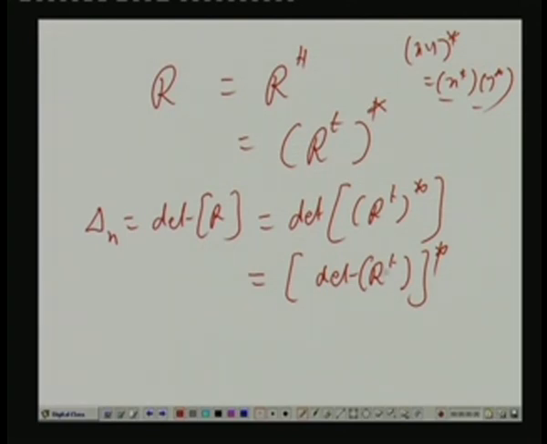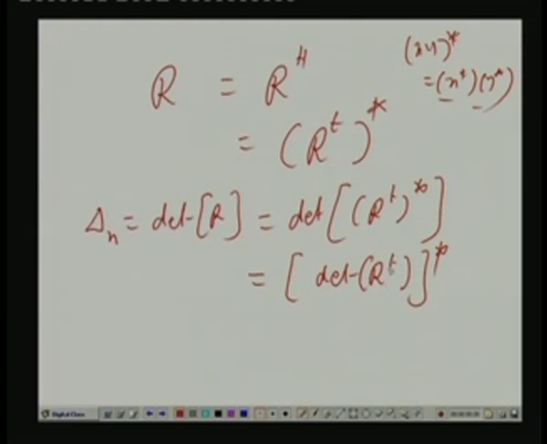I am saying instead of first conjugating, you first take the determinant. Again similar product terms will be there, only the conjugate sign will be missing, and then you bring in the conjugate on each of the product terms and use the fact that the conjugate of a product is the product of individual conjugates. So you will get the same thing if the determinant is first computed on R transpose and then conjugated.